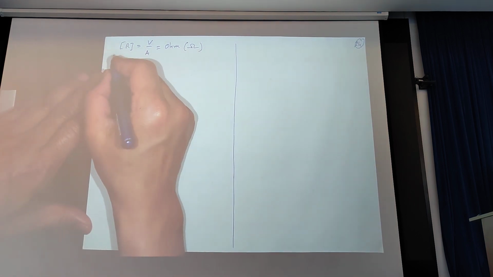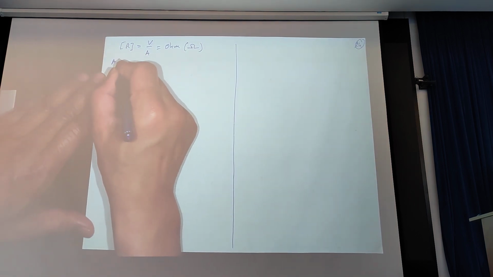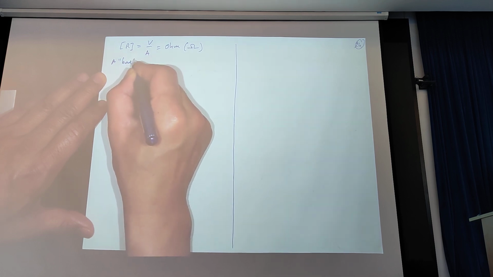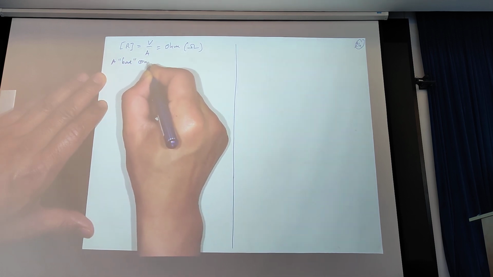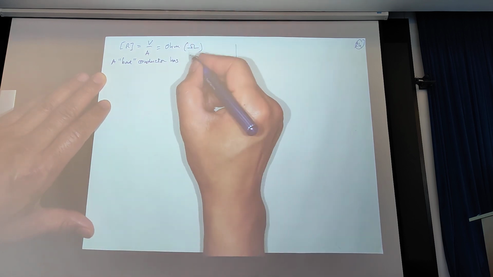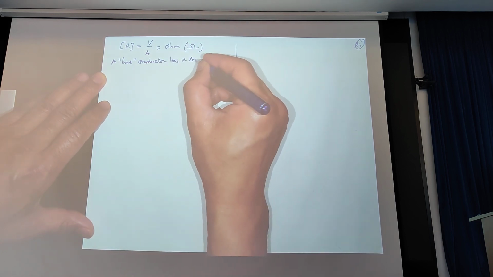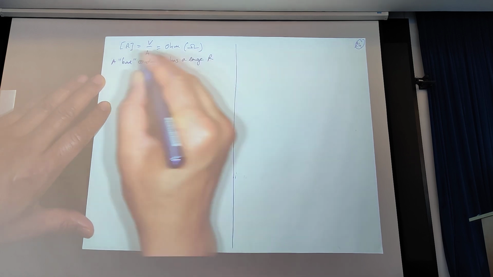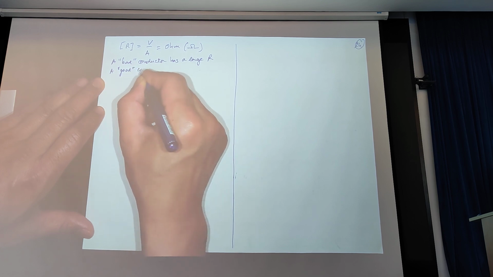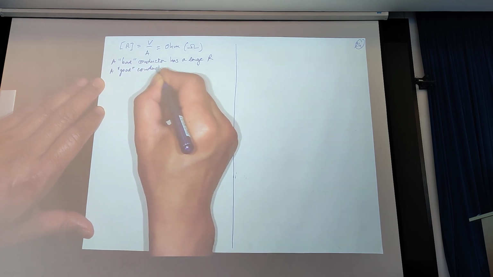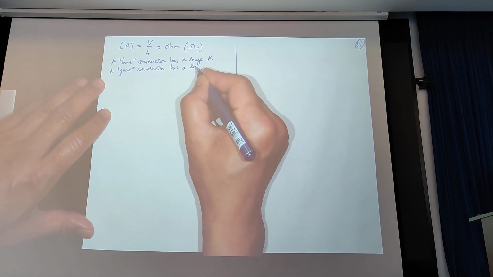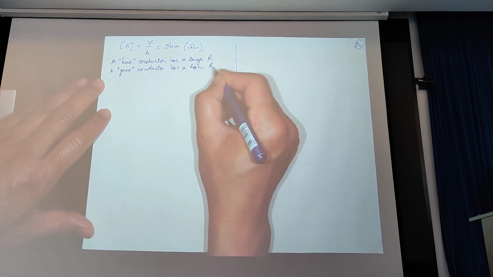Let me remind you, a bad conductor has a large resistance, and of course a good conductor has a low resistance.